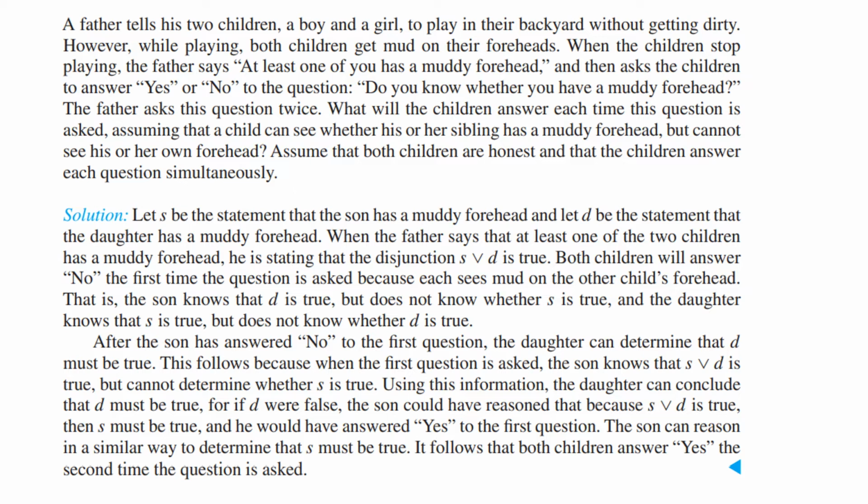For if D were false, the son could have reasoned that because S or D is true, S must be true, and he would have answered yes to the first question. The son can reason in a similar way to determine that S must be true. It follows that both children answer no the first time the question is asked, and yes the second time. Again, you want to think through this perhaps more than once.